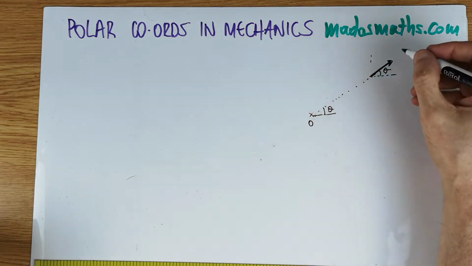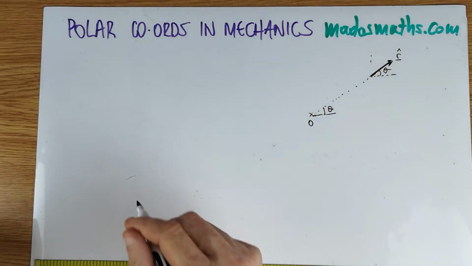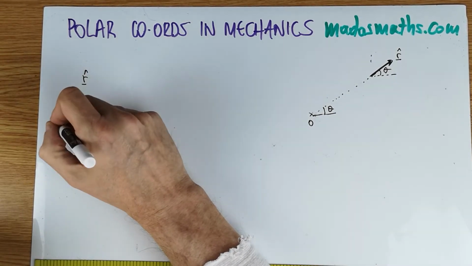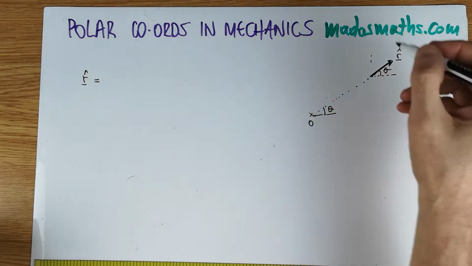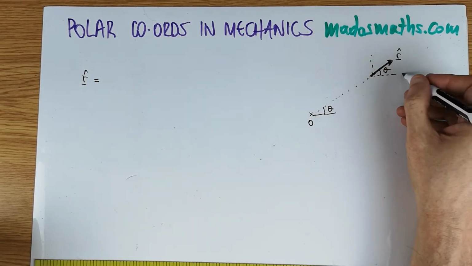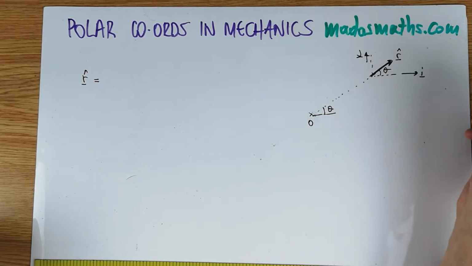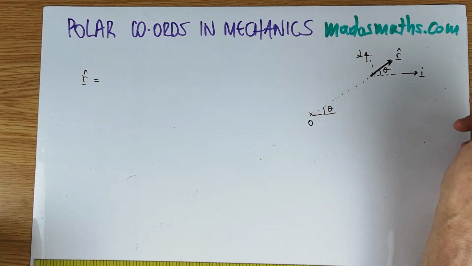We're going to call it r hat. And let's do it here. This vector r hat is, of course, we're familiar with i and j, so that's our i, and that's our j direction. So we're happy to resolve it into i and j components, so we know how to differentiate it.